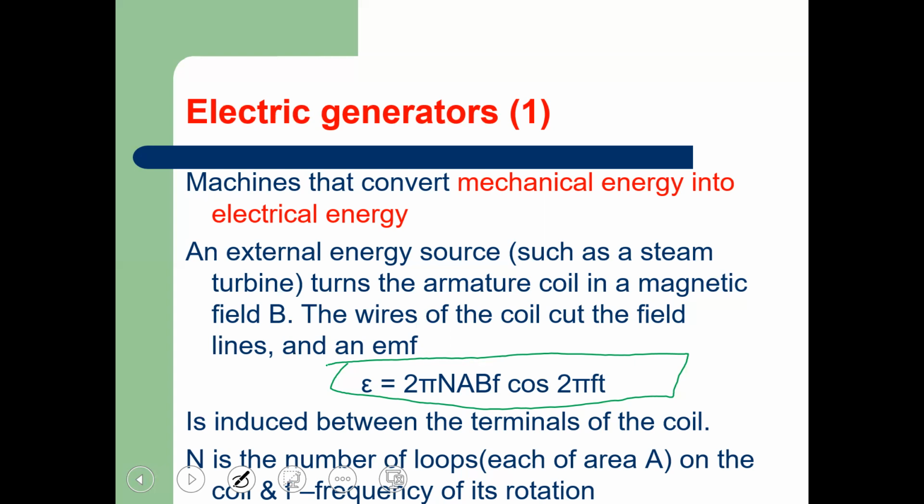So the mechanical energy from the petrol or diesel engine turns the dynamo or alternator and gives us electrical energy.